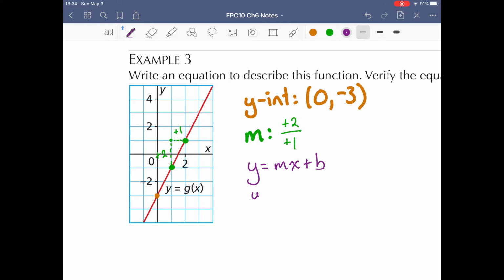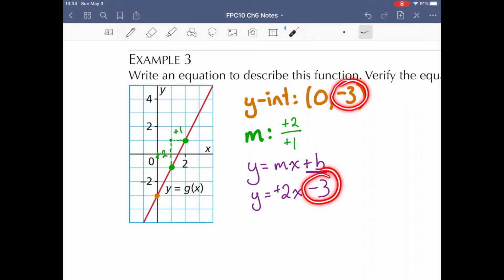Well, our slope is equal to plus 2x, and our b is minus 3. The plus b part here just means that we put in whatever sign it actually has. So our y-intercept has the sign of minus 3.